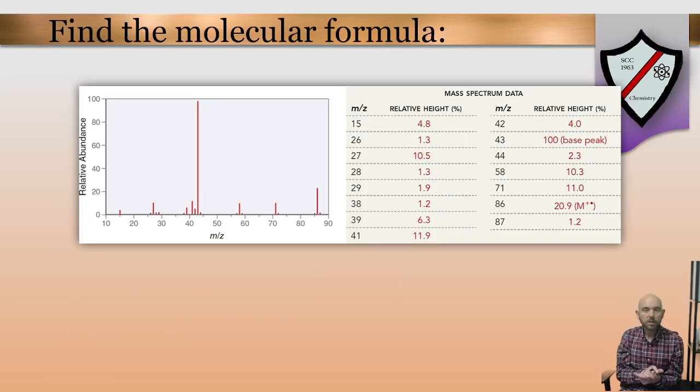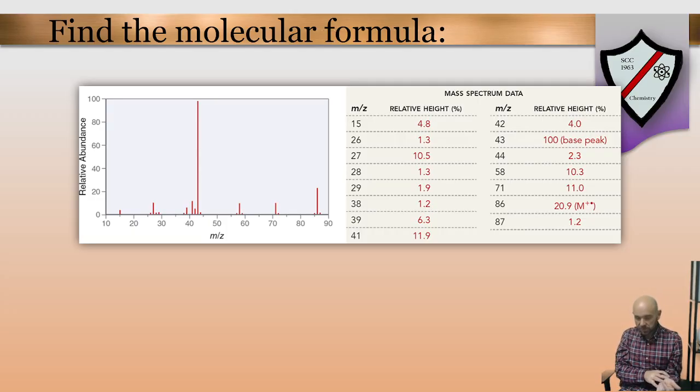So now we're going to put those ideas into practice. We're going to take this mass spectrum that we have here of this simple unknown compound, figure out how many carbons are in that compound, and then we're going to use some critical thinking and figure out the overall molecular formula of that compound given that information.